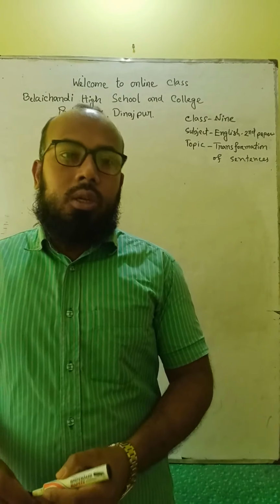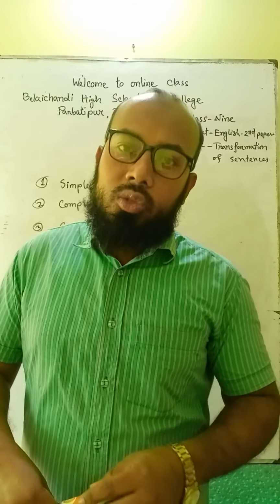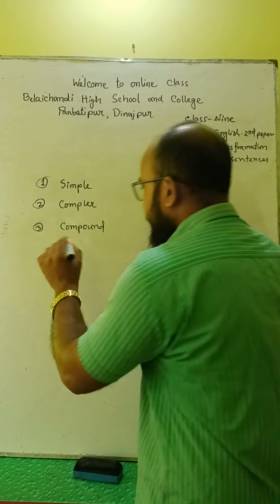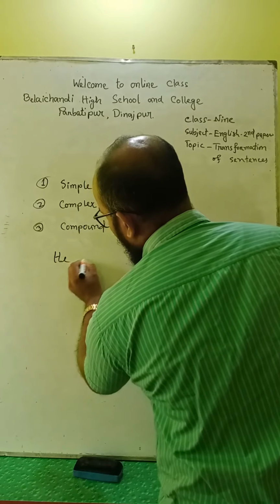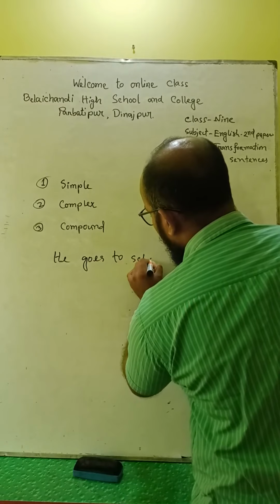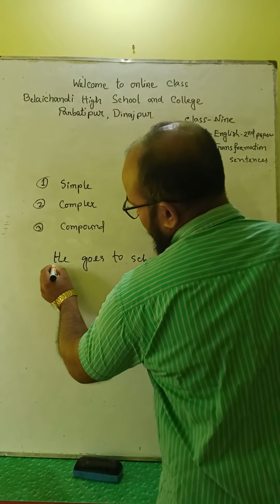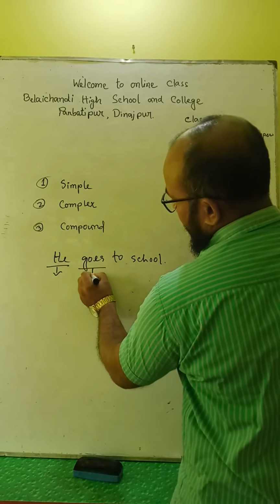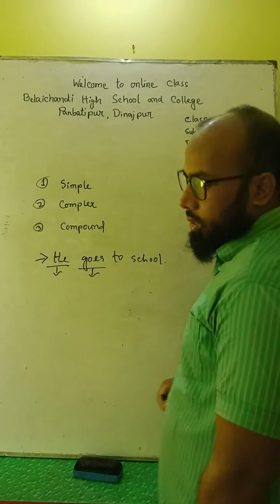When there is a single subject and single finite verb in a sentence, it is called simple sentence. Look at the example. He goes to school. Here, just only one subject, he, and one finite verb, goes. So, it is a simple sentence.